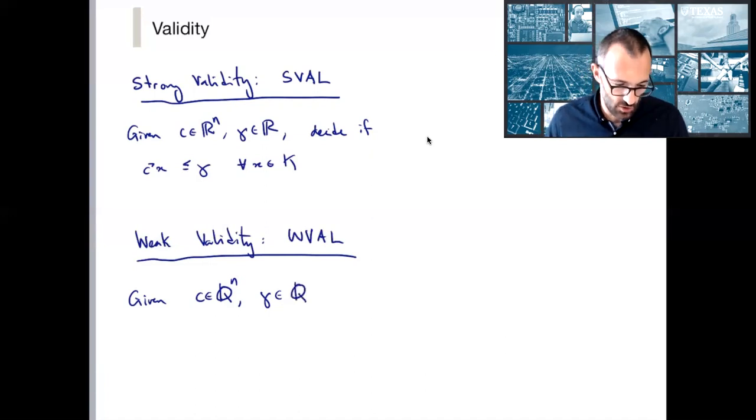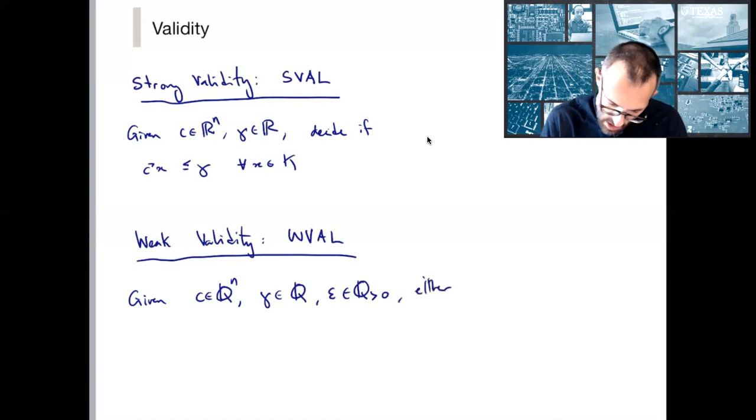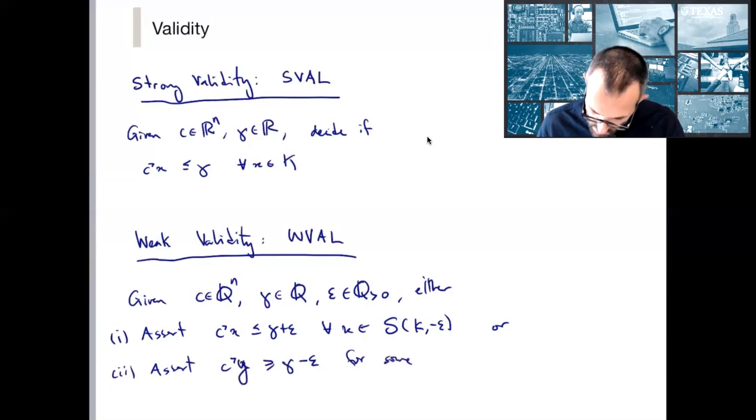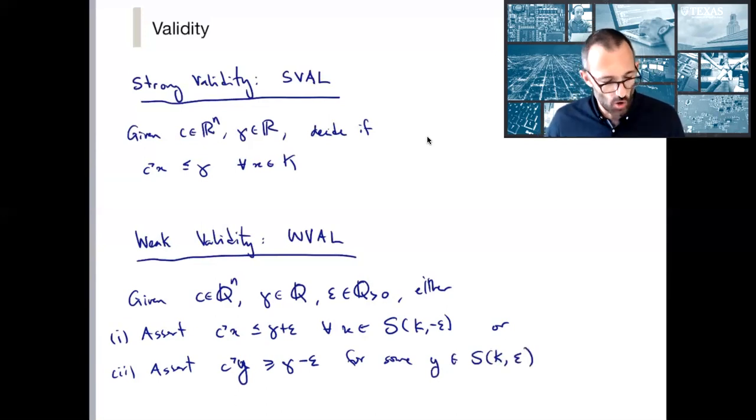A threshold gamma in Q, and also my epsilon, that is a positive rational number, then either one, assert that C transpose X is less than gamma plus epsilon for every X in the deep interior, or assert that C transpose Y is greater than gamma minus epsilon for some Y in the epsilon expansion of K, but no requirement for the weak validity problem to actually produce that Y.